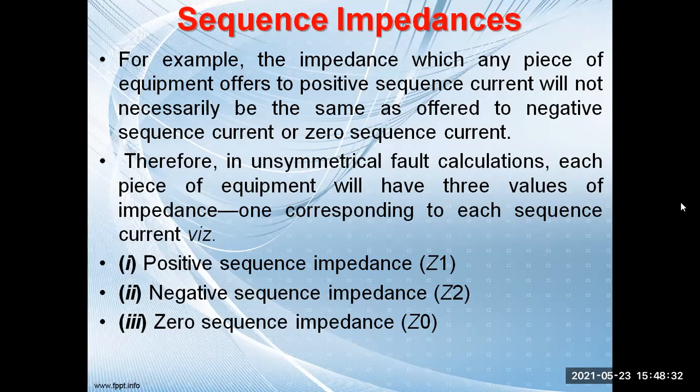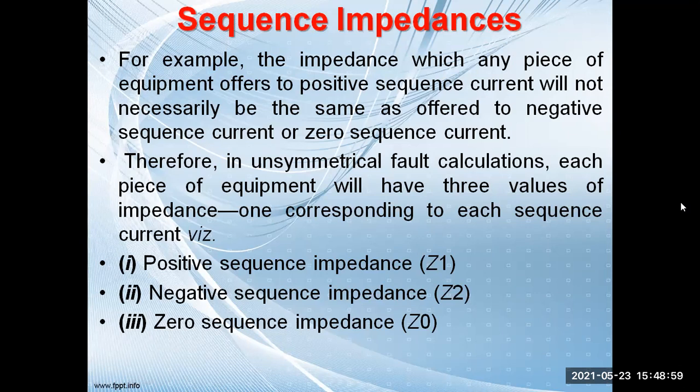So therefore, in unsymmetrical fault calculation, each piece of equipment will have three values of the impedances, one corresponding to each sequence current. That means we have three networks: one is the positive sequence network, another is the negative sequence network, and the third one is the zero sequence network. Each network is associated with its sequence impedance.